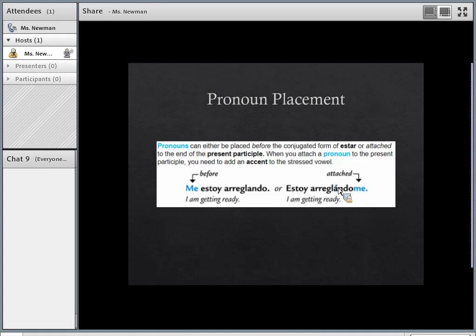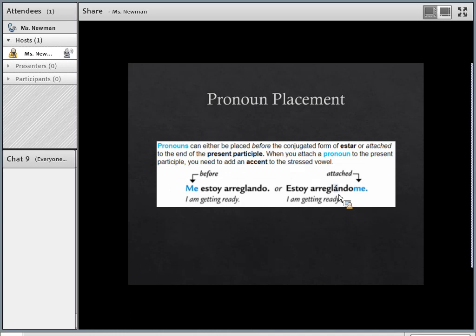Remember, this is the simple rule in Spanish: the second to last syllable gets the stress unless it comes somewhere else, and then it's marked with an accent mark. The whole reason for this explanation is really just so it keeps the same sound. So it still sounds like arreglando versus arreglandome. You hear that difference?